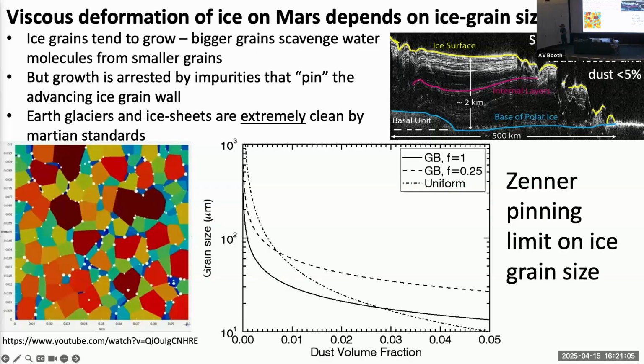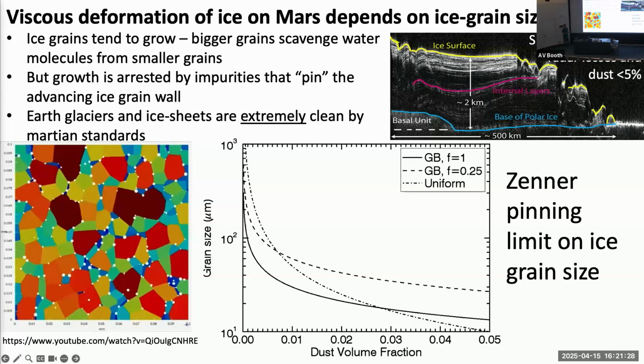So large grains eventually end up growing and small grains shrinking, and the ice grain size keeps going up. But it can only go up so far because these grain walls can't expand past little dust grain impurities that are inside the ice. So this produces a kind of maximum grain size that you can have in terrestrial glaciers.